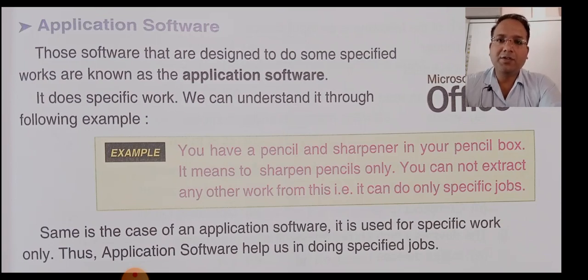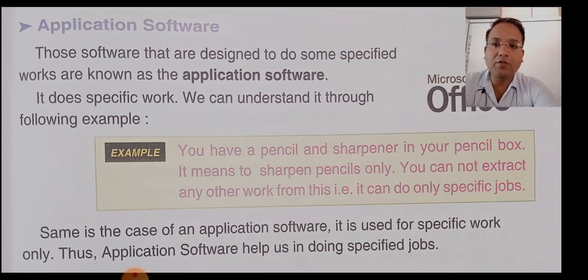So MS Office is also made for some specific tasks. So all the software that are present in the computer system are for doing some specific work. The same is the case with application software. It is used for a specific work only. Thus, application software helps us in doing specific jobs.